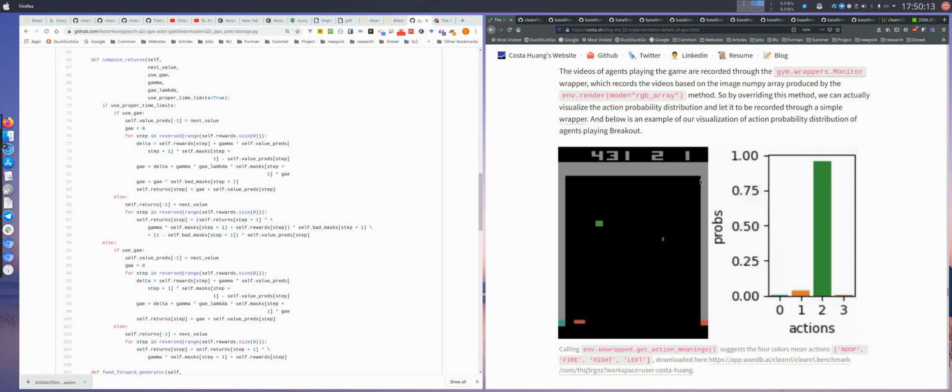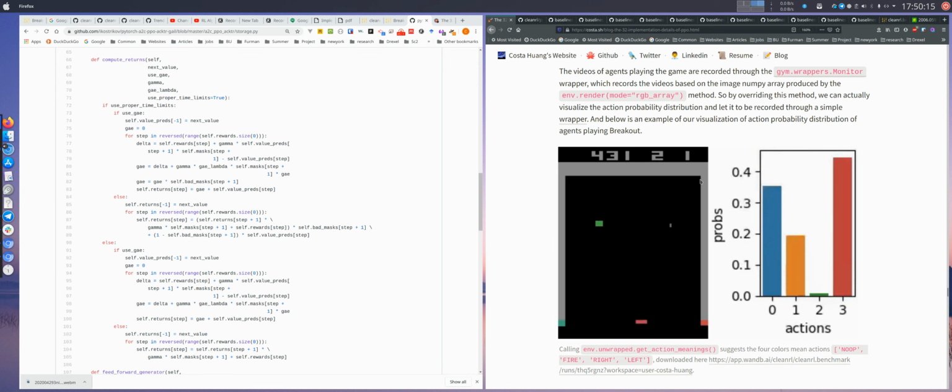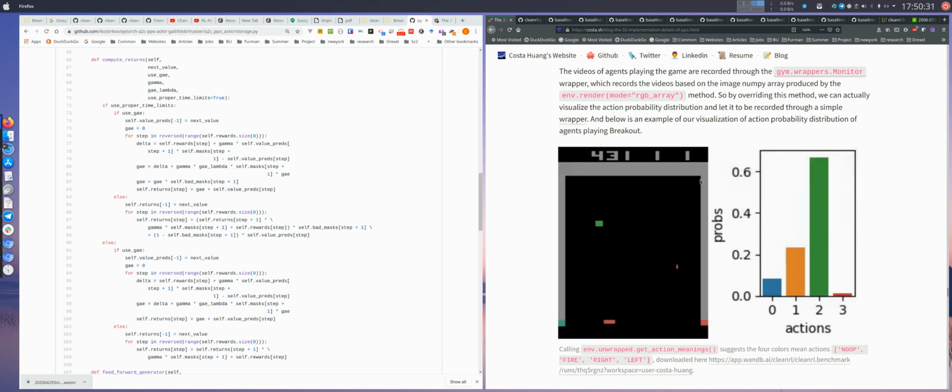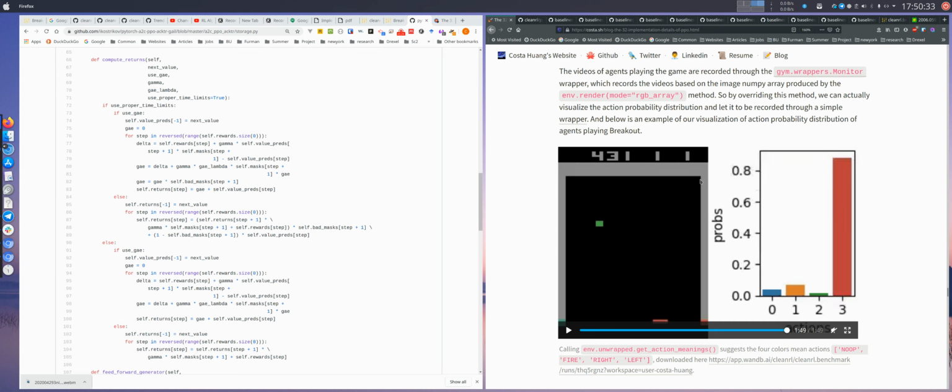And in order for the agent to actually do anything else, I almost have to wait for when the epsilon greedy policy kicks in to do exploration. That's when this happens: the agent actually hits the brick to a different location. So again, this highlights why it is important to inspect the agent's behavior.